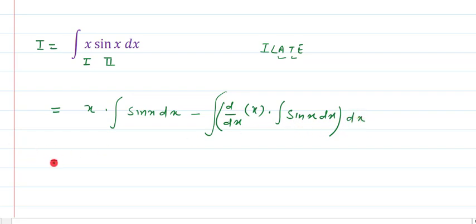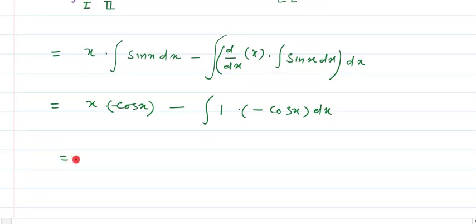So we get x into minus cos x, the integration of sin x, minus the derivative of x, which is 1, into minus cos x dx. First function into integration of second, minus integration of differentiation of first into integration of second.